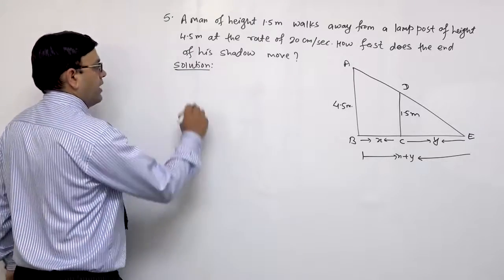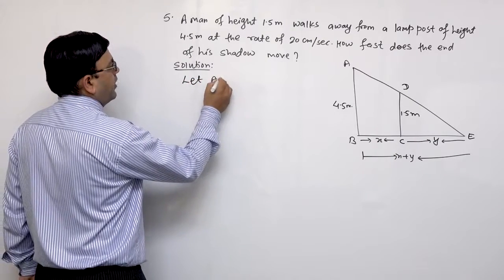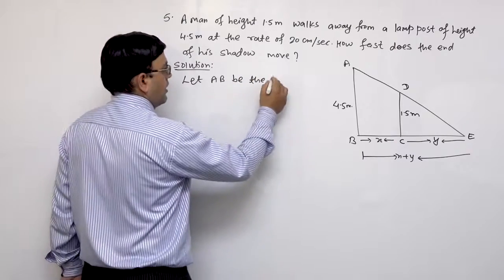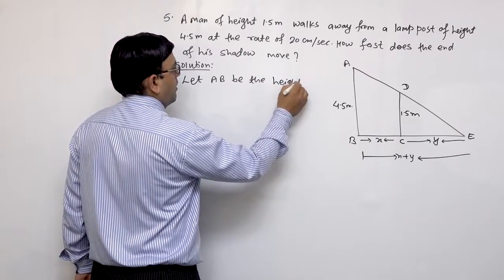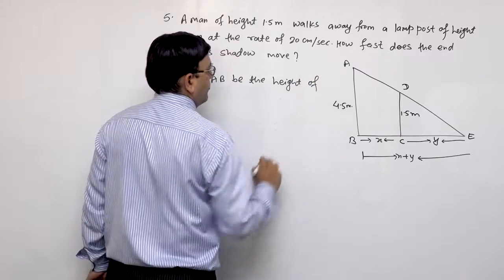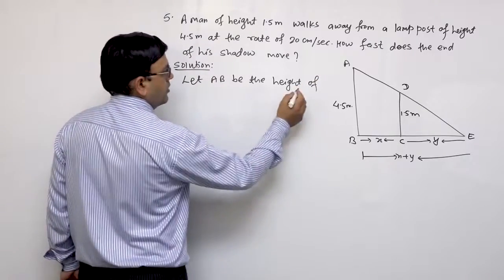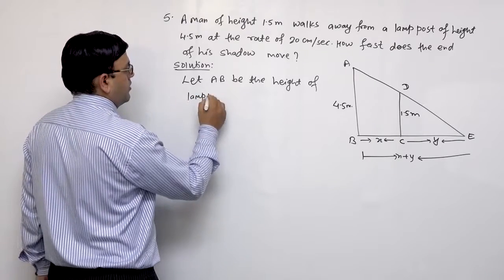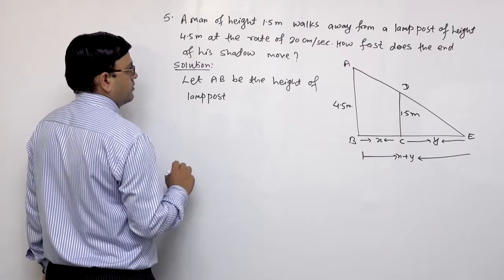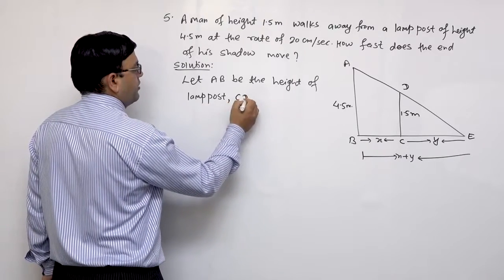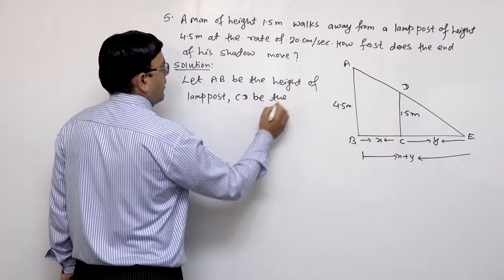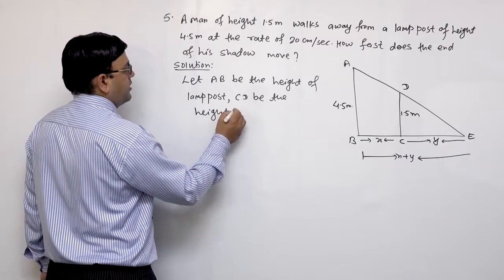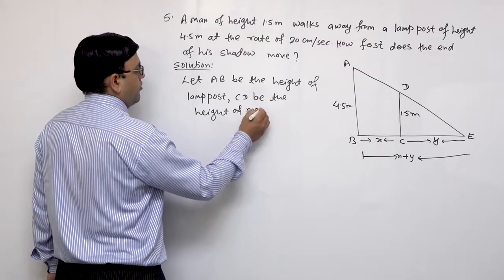Now in our solution, first of all, let AB be the height of the lamp post. Similarly, CD be the height of the man.